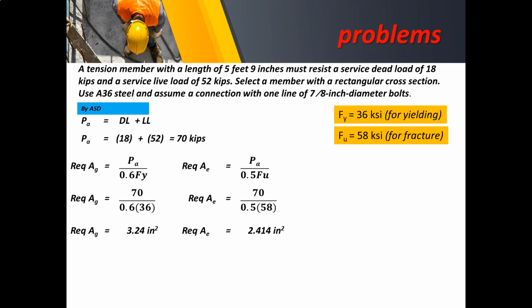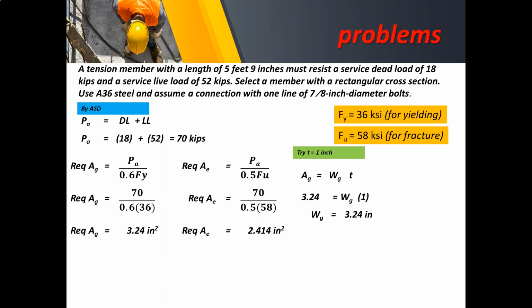So given this required gross area and the required effective area, we will again have a trial thickness. So from the trial thickness, automatically WG will also be equal to the gross area of the section.